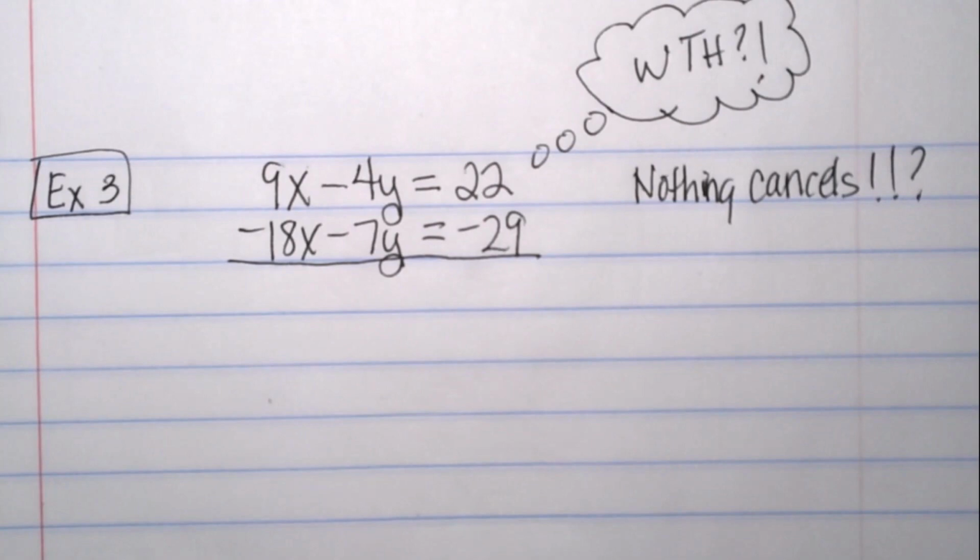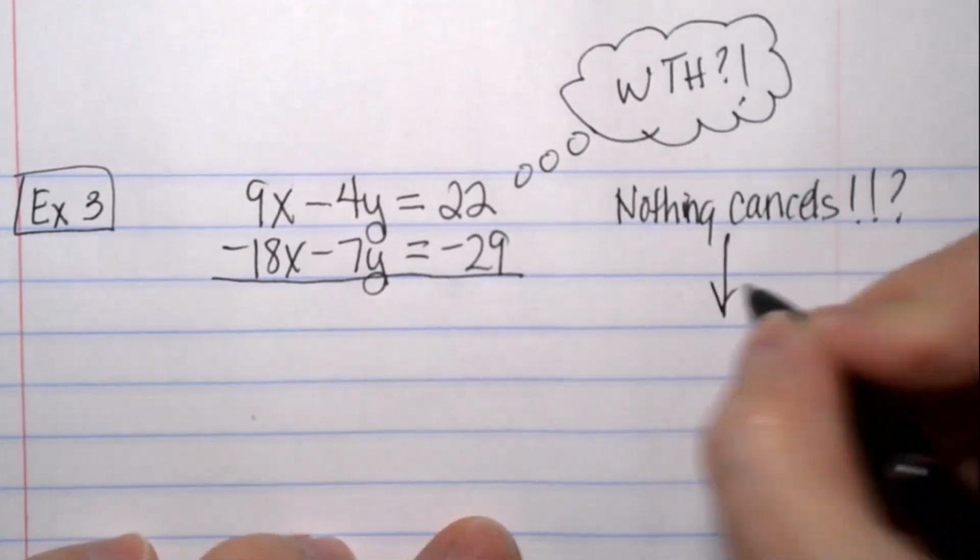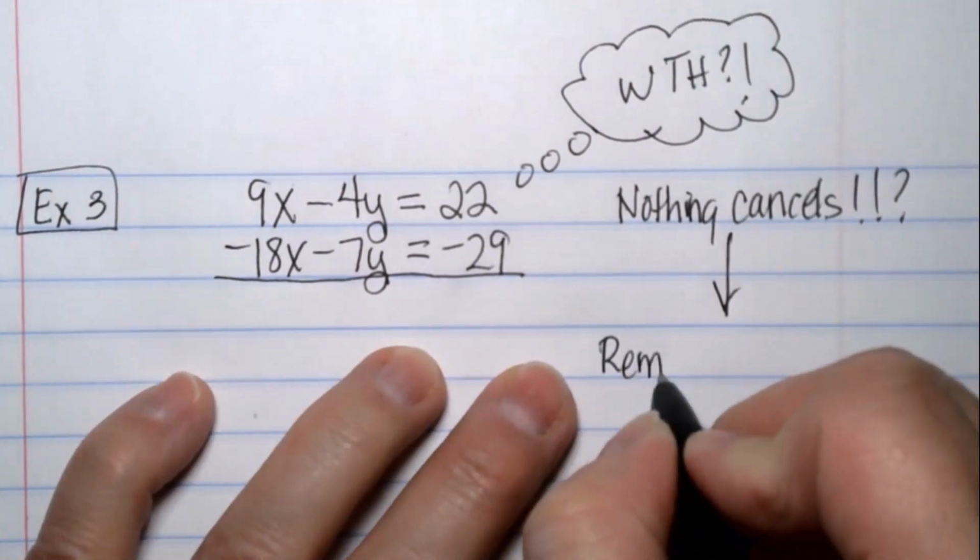The first two examples in the try it we did, I set it up so something would cancel. That isn't always going to be the case. What do? You're going to leave yourself a little note here.